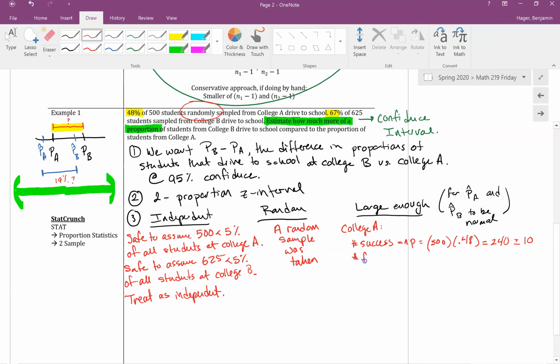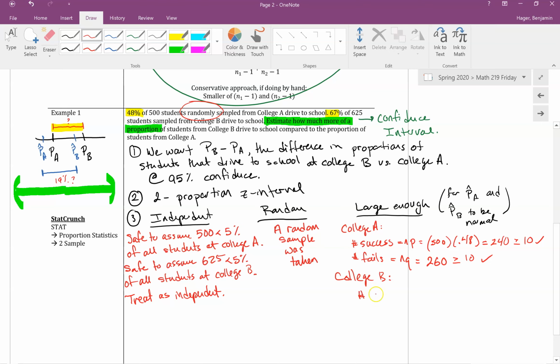And then the number of fails would be nq: if you sampled 500 people and 240 drove to school, then the rest didn't. 260 did not drive to school. That's also greater than or equal to 10, so we're good. So college A works. The sample proportions will be approximately normal.